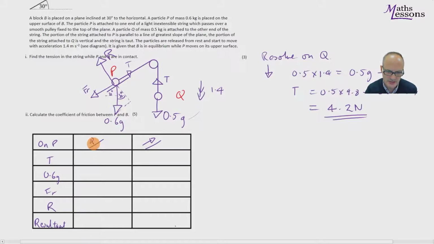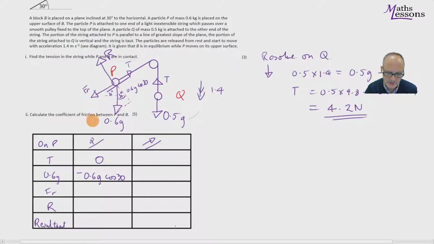Now, perpendicular, how much of T acts perpendicular to the plane? Well, as it's at right angles, none of it will act perpendicular to the plane. 0. 0.6 G, well, if we take this side here, that's going to be 0.6 G cos 30. But it's in the opposite direction. That's up, this is going to be down, so it's going to be minus 0.6 G cos of 30.